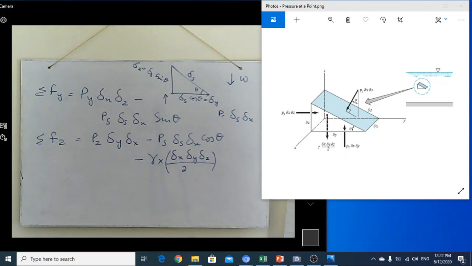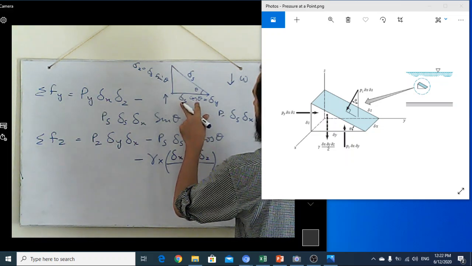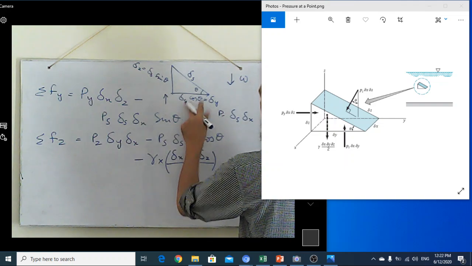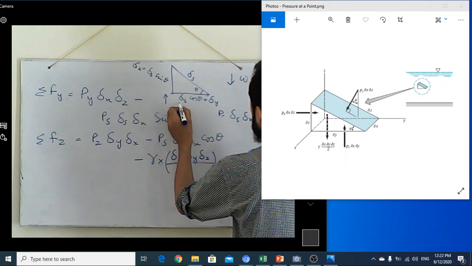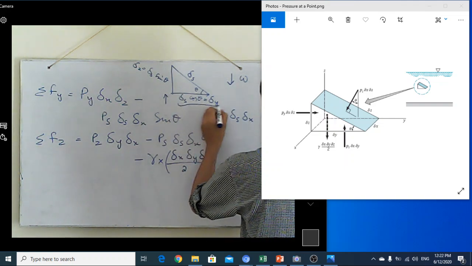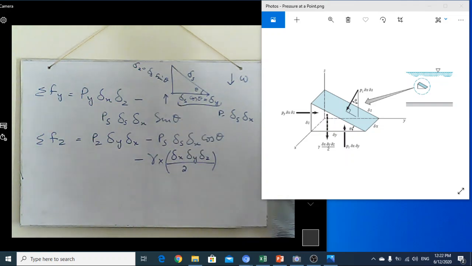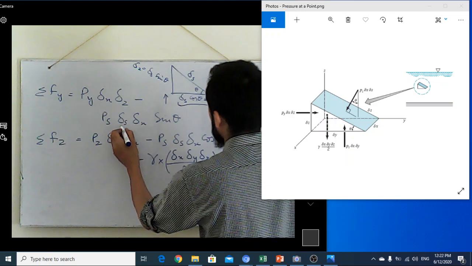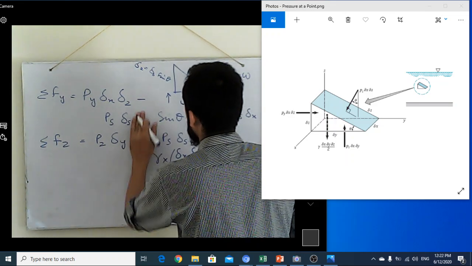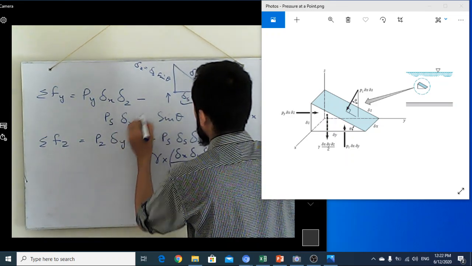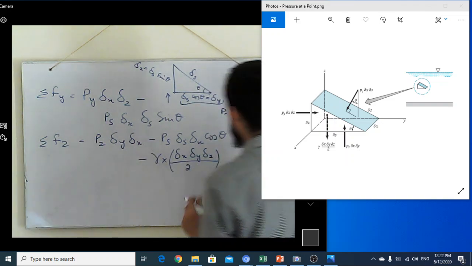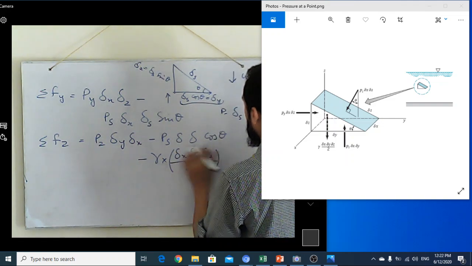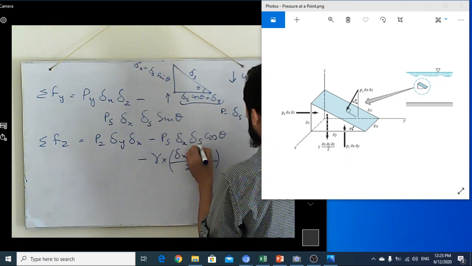On the other hand, I also tell you that these are the points. This is y equals dy, and you can see here this is actually delta x and delta s sine theta, and similarly this is x and s sine theta.